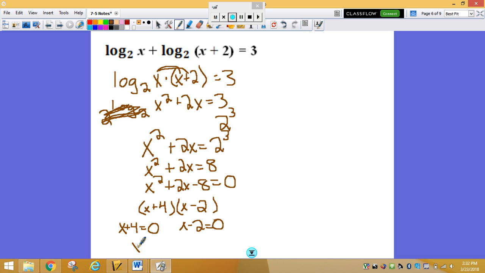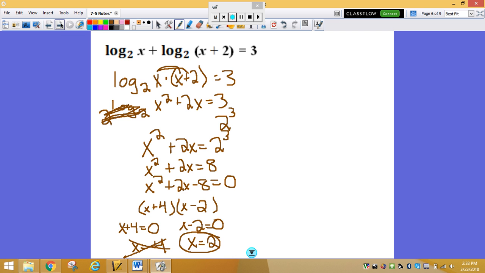I'd subtract 4 and get negative 4. I would add 2 and get 2. Now, what you need to know is that you're not going to have a negative, because if you did log base 2 of negative 4, that's undefined. It's not possible. So the negative 4 is not an answer. Your only answer is x equals 2.